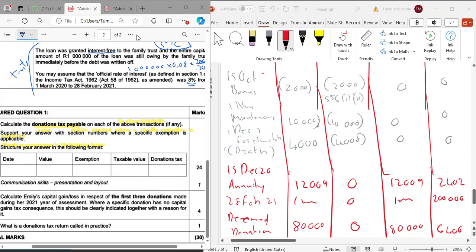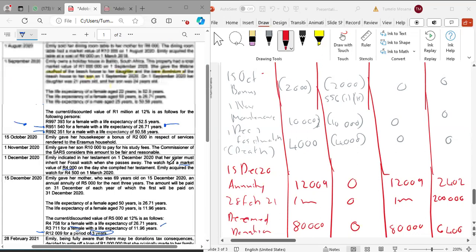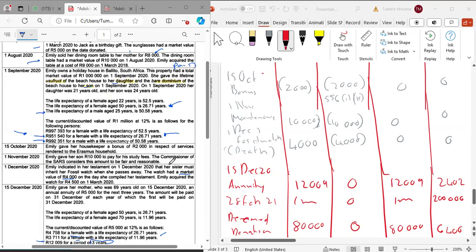I wanted to ask, I was losing it because of internet. On the 4,000, the one of the 1st December. Yeah, I wanted to ask why on that first one of 1st August you minus the 8,000 from the 10,000.